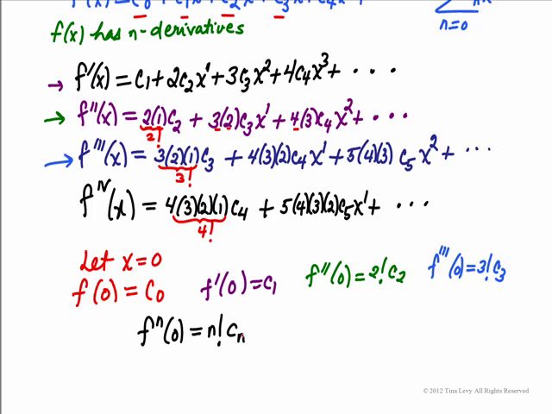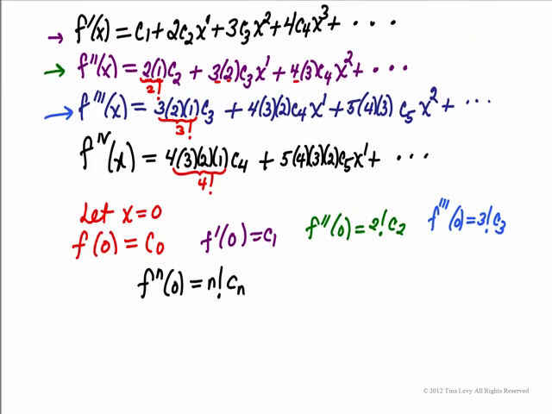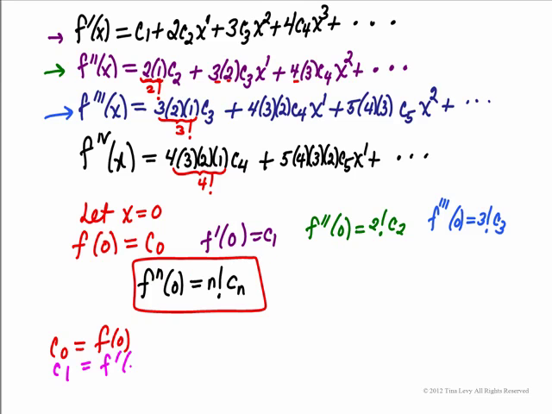We are going to now use this expression to solve for all the coefficients. So c sub 0 is f of 0. We can see that c sub 1 is the first derivative at 0. If we want c sub 2, we're going to have to divide by 2 factorial.